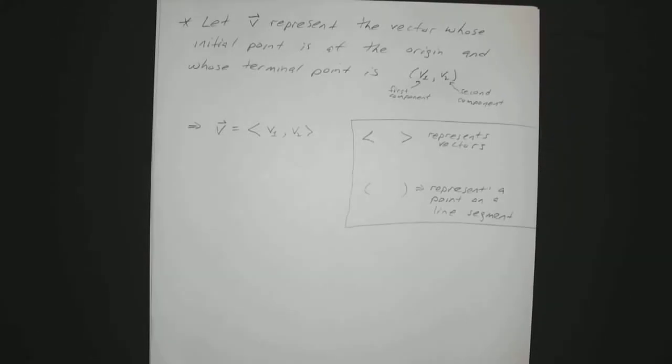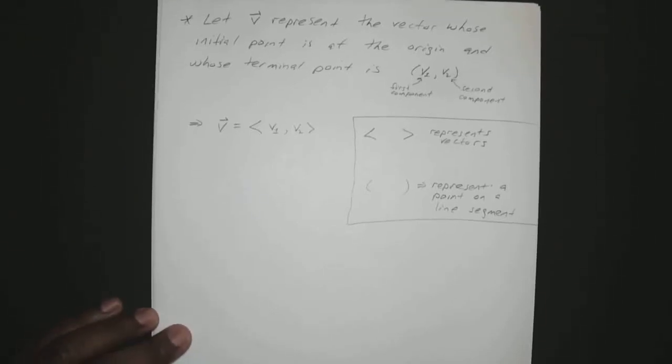That's just a regular ordinary point. So when you're describing a vector, you have to use those sharp-edged brackets. I'm trying to think of what they're called, but those little angle shapes.